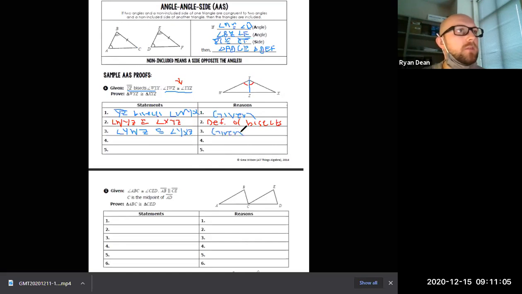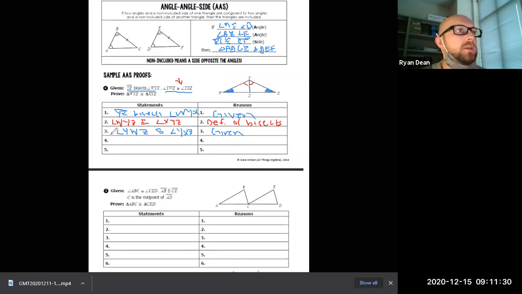Now we just take that information and we put it on the picture. So YWZ is going to trace from Y to W and then Z. So that's going to be this blue angle. And then YXZ goes Y to X to Z. That's also going to be blue. These are congruent.